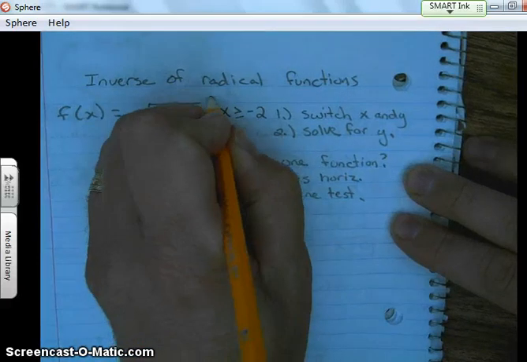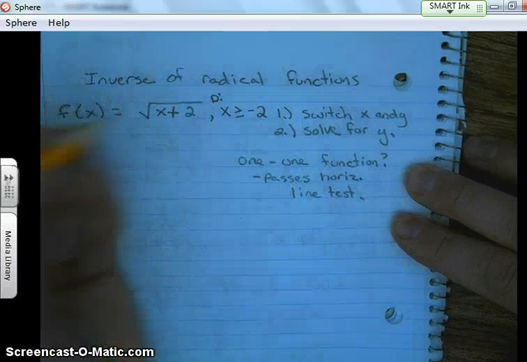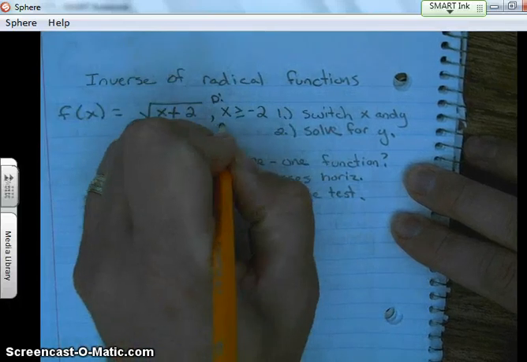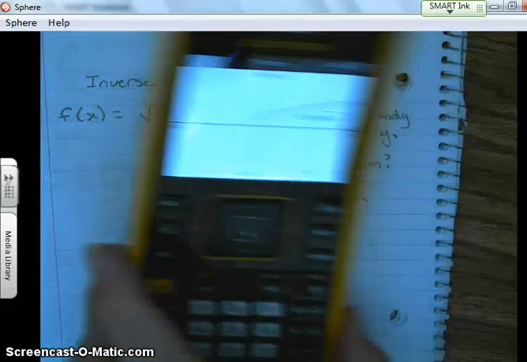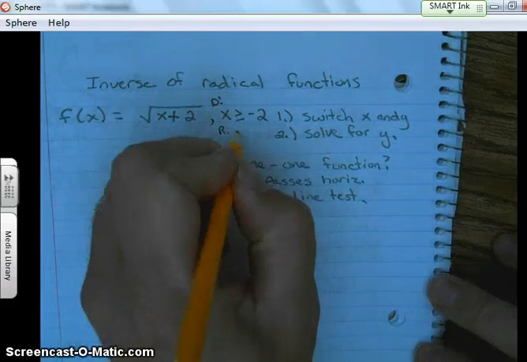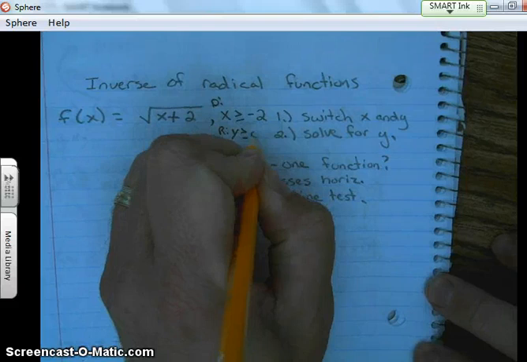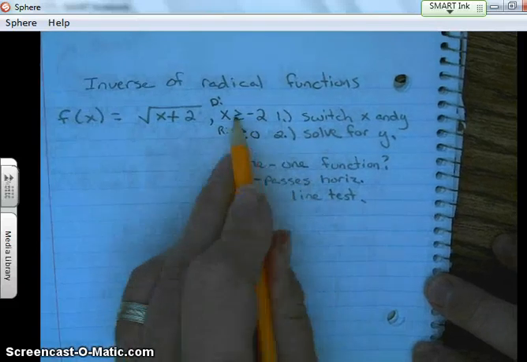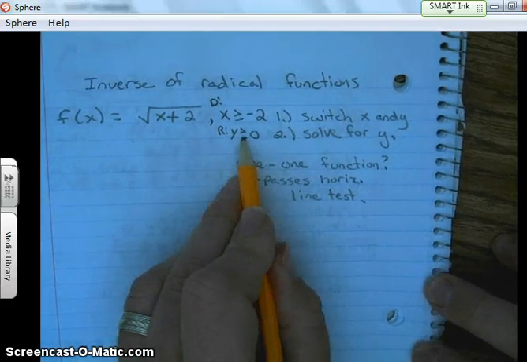Actually, let me write it here. So that's the domain. The range is going from 0 to infinity, so y is greater than or equal to 0. Now this is going to be important once we get to our inverse.